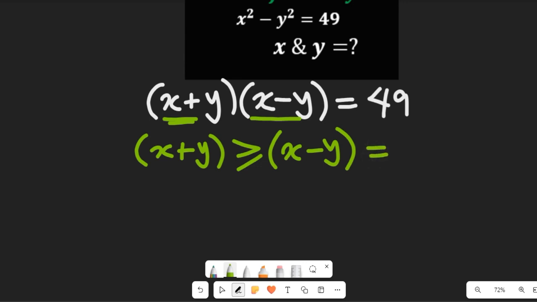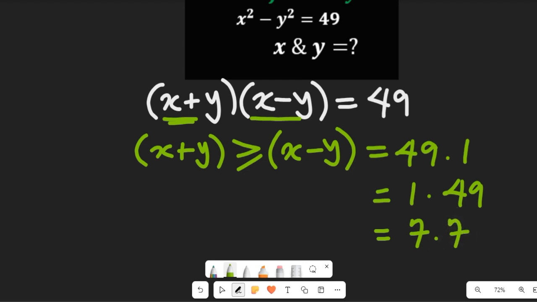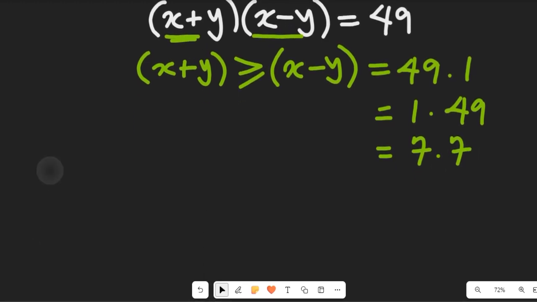These two factors can be 49 multiplied by 1, or 1 multiplied by 49, or 7 multiplied by 7, because 7 multiplied by 7 will give us 49.